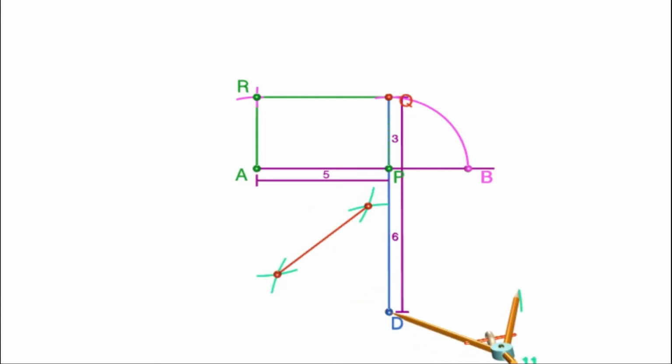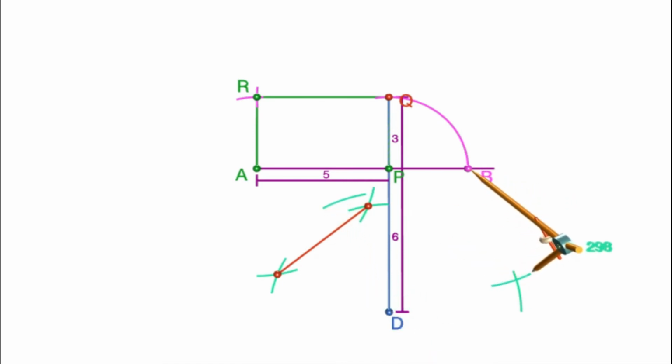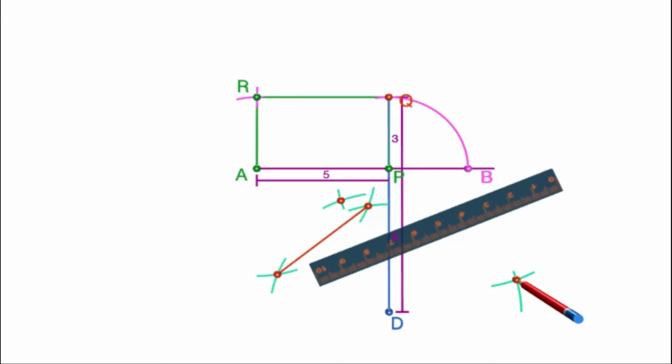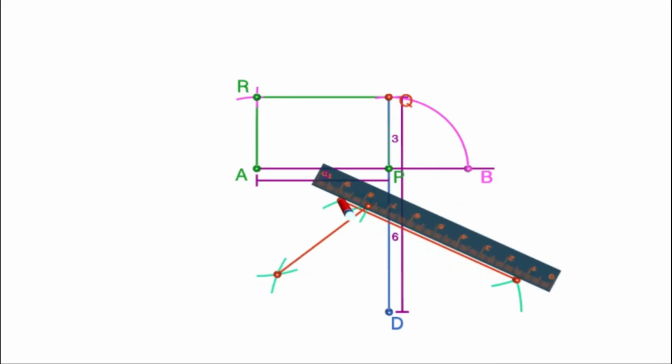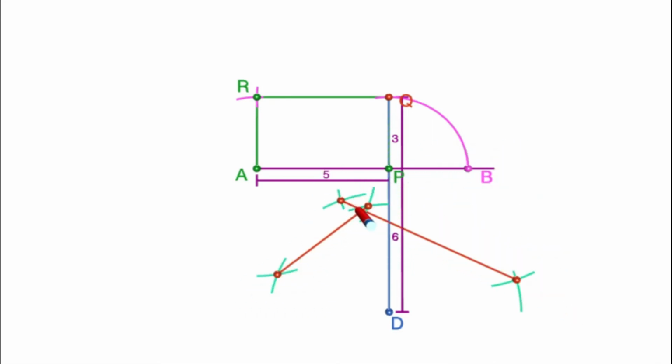In the same way, let us draw the perpendicular bisector of BD. Put the compass at D and draw arcs on both sides. Taking the same radius, put the compass at B and draw arcs on both sides. Mark the points of intersection, join them. This line is the perpendicular bisector of BD.